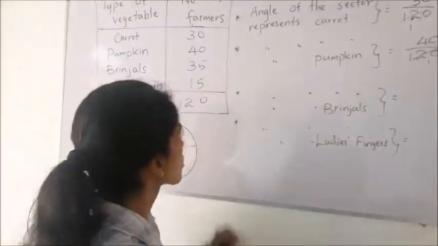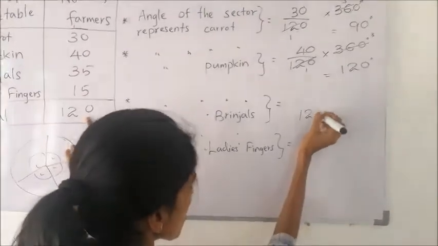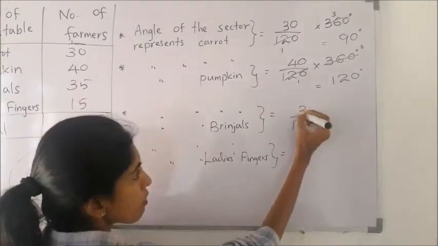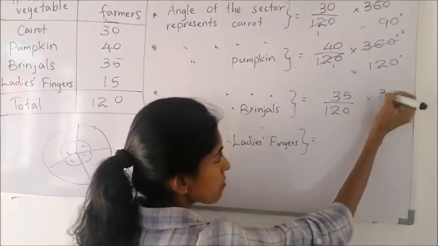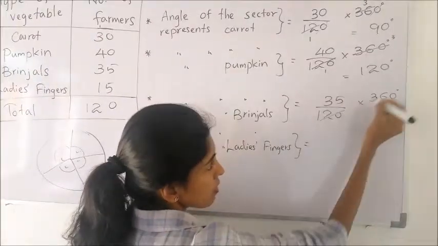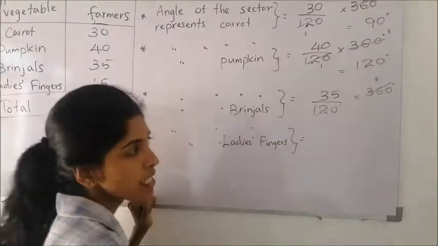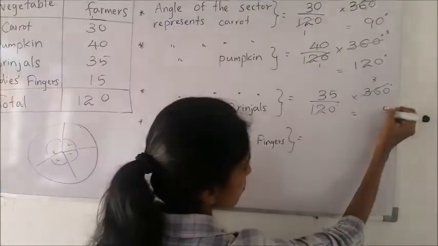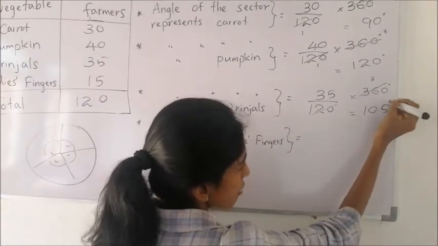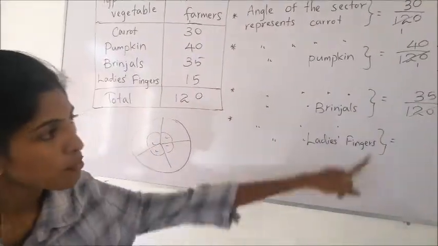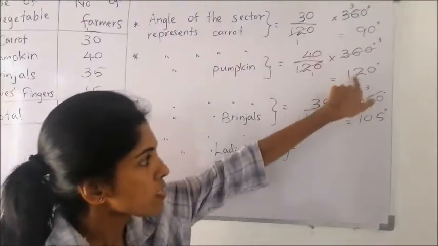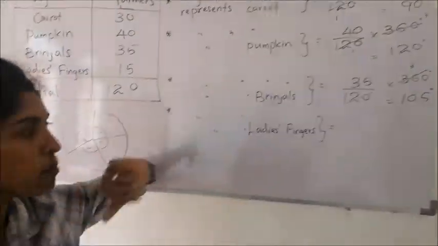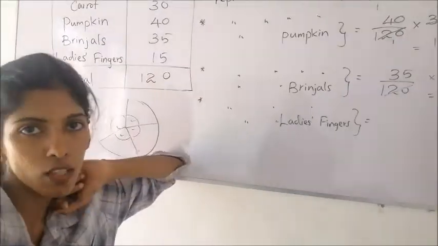Next, for brinjals, out of 120, 35 growing brinjals, multiplied by 360 again. In the same way I am cancelling, finally I am multiplying. 105 degrees. Then for the last one, if you want, you can add these three angles, and from 360 you can subtract the total.